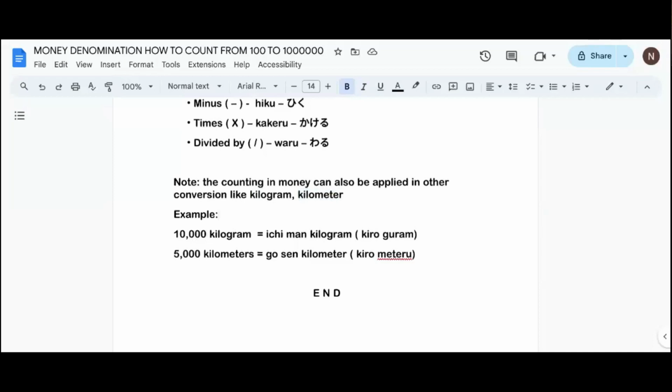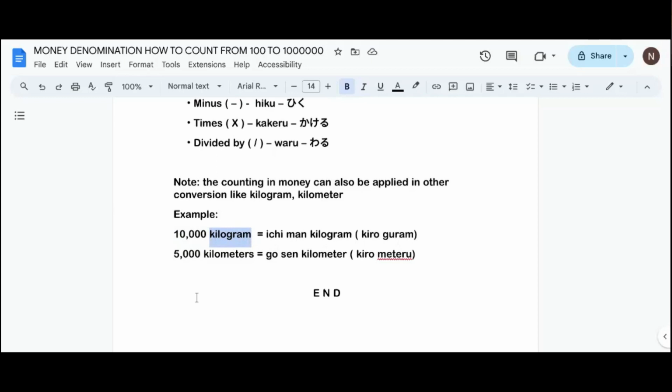So we are not talking anymore of money or yen, but the reading is the same. If it is in money, yes, ichiman yen. But if it is in kilogram, it is ichiman kilogram.